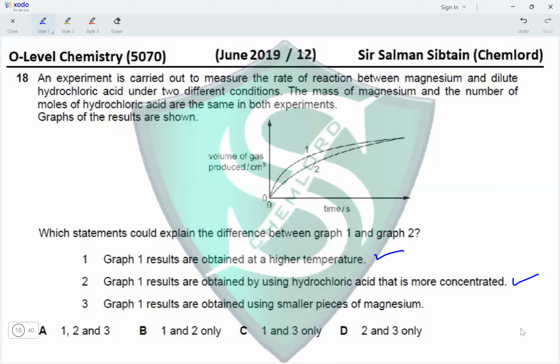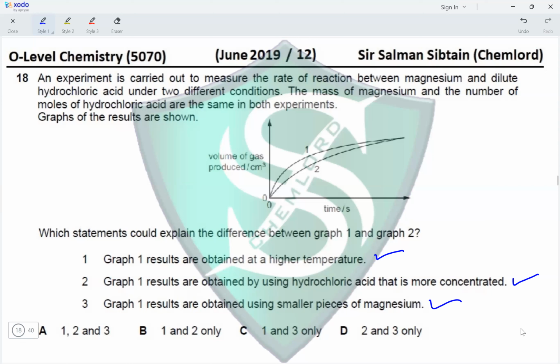3. Graph 1 results are obtained using smaller pieces of magnesium. Yes, if we increase the exposed surface area, the reaction would be quicker. However, the mass of the magnesium used would remain constant, so the moles of the gas produced would remain the same. So this is also possible.